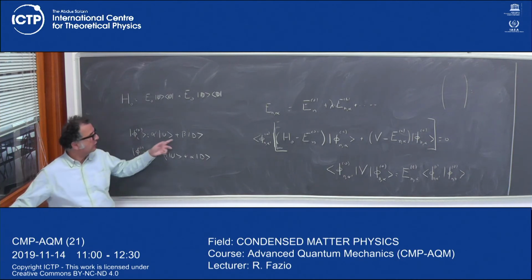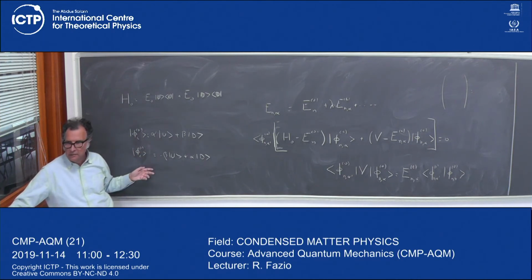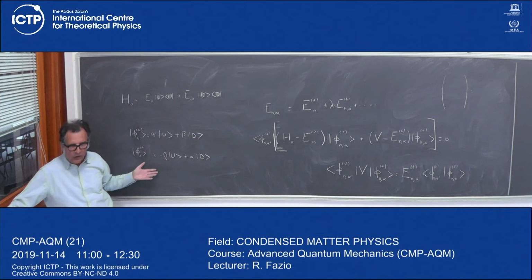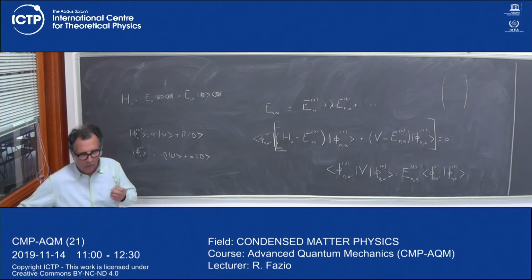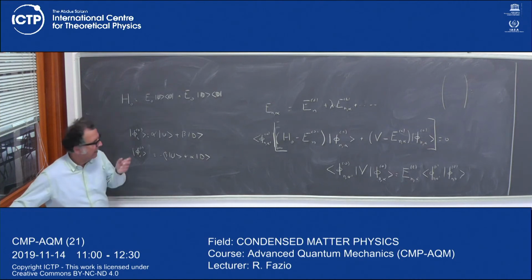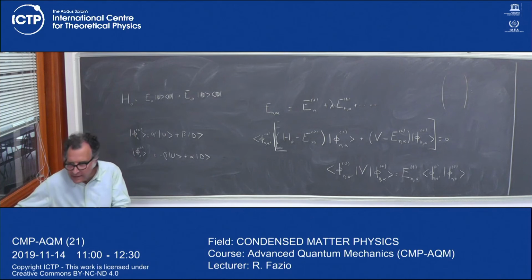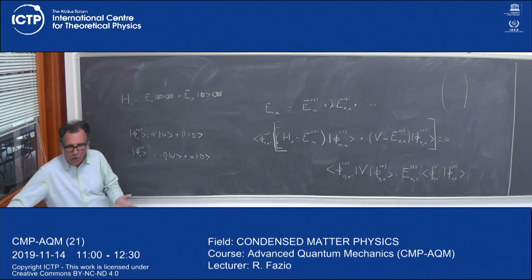But I have this freedom to choose alpha and beta. I just consider them real if I have to, don't bother too much. What is the basis that I have to choose among this infinite set of bases? Is there a preferential basis, or is this question wrong?